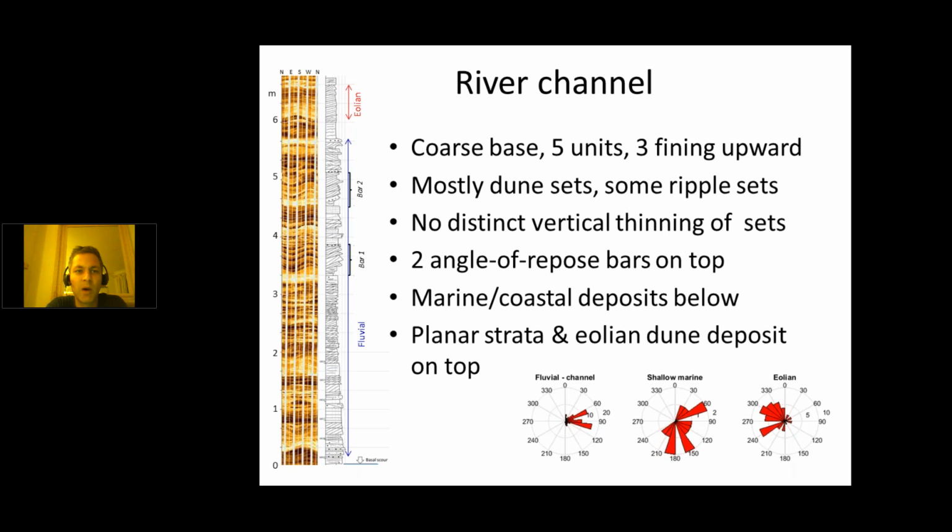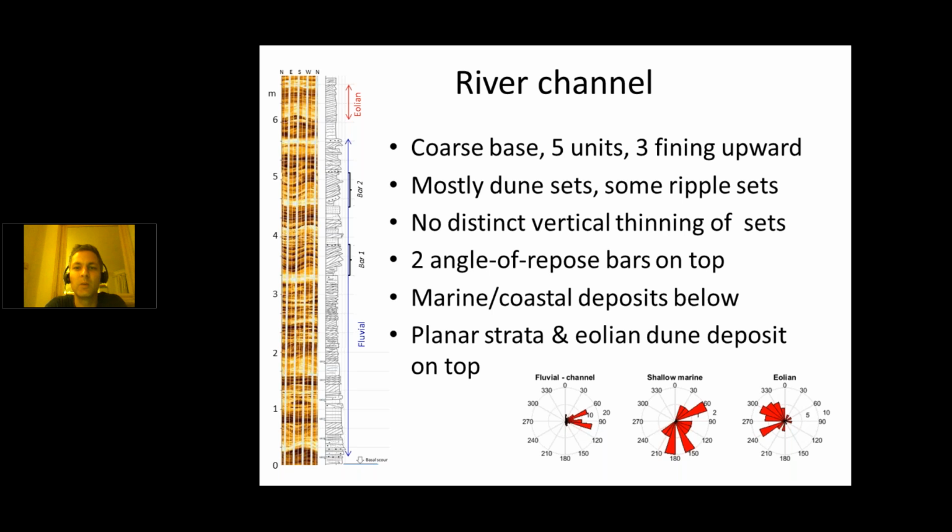This channel deposit is overlying some marine and coastal deposits that are below it, which include foreshore deposits that are also cross-stratified. And it's overlain by aeolian dune deposits and lots of planar strata. Now, the rose diagrams at the base will give you a nice idea of how well behaved our river channel is relative to the shallow marine and the aeolian deposits, and also the nature of the cross strata is quite different.